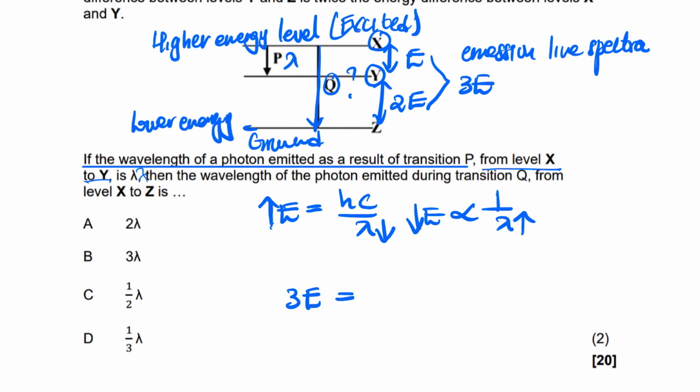So it simply means that the wavelength will decrease by 3 times. So if you look here at the energy levels from X to Y, from X to Z, the energy difference is 3 plus... which is 3. So the energy is 3 times. If the energy has increased 3 times, the wavelength is going to decrease 3 times, which is just going to be 1 over 3. So the answer here is D.